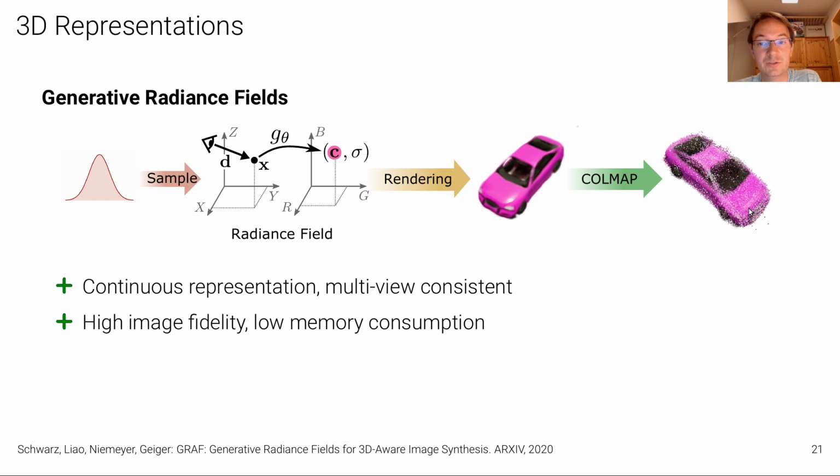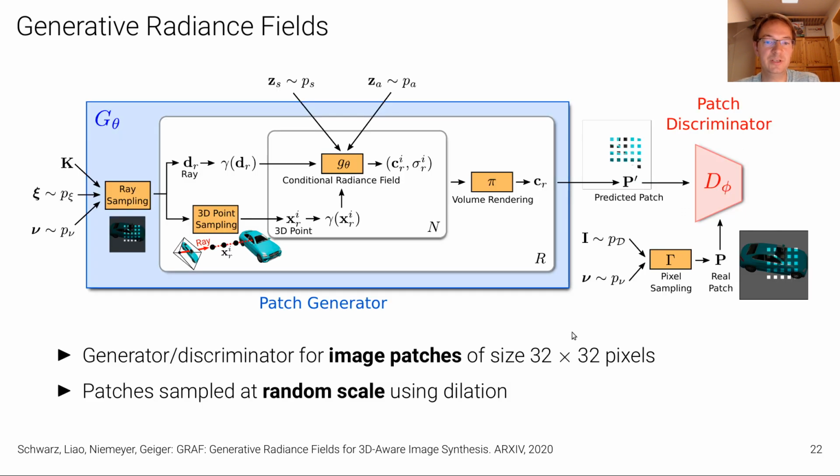And when you reconstruct them using a reconstruction algorithm, you get much more consistent reconstructions. So this representation that we propose for generative models is multi-view consistent by default because we don't have any 2D convolutions. It's continuous, it can be queried at arbitrary precision, and therefore leads to high image fidelity with low memory consumption. So here's a short overview of our model.